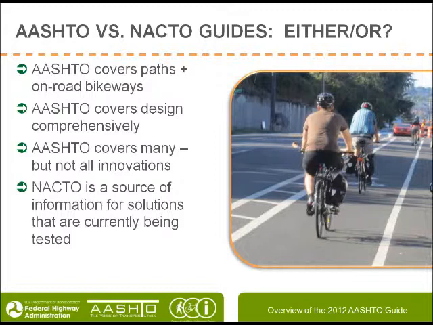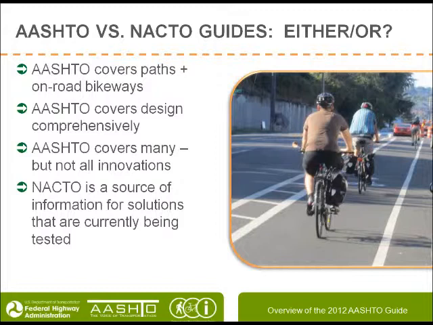The NACTO guide is really not intended to be a comprehensive guide in that way. Just to give you an example, the AASHTO guide explains in detail how to calculate stopping sight distance for bicyclists, and the NACTO guide does not cover that. That's really a fundamental operating characteristic that any roadway designer needs to know in order to design any kind of bikeway.